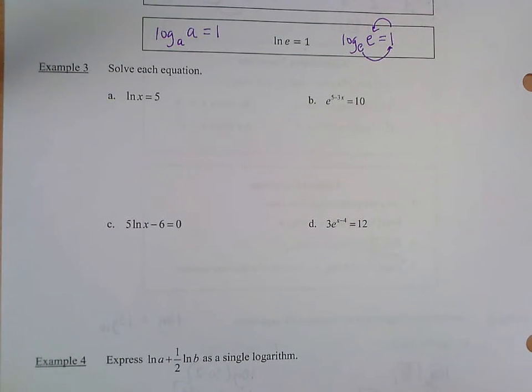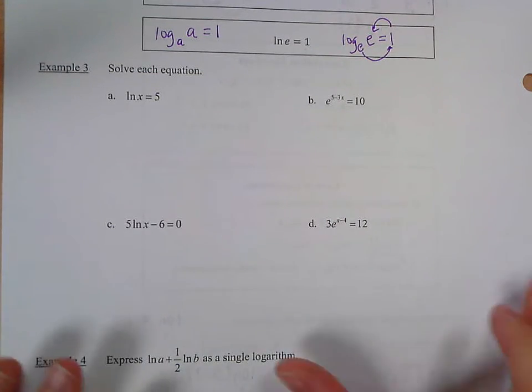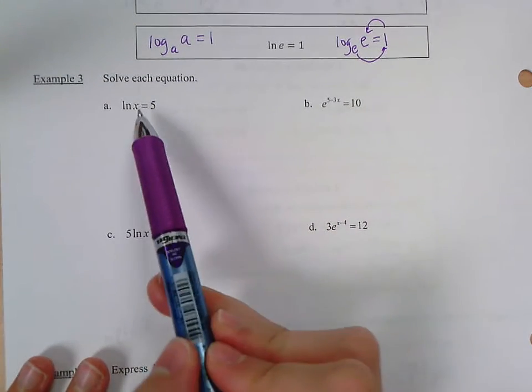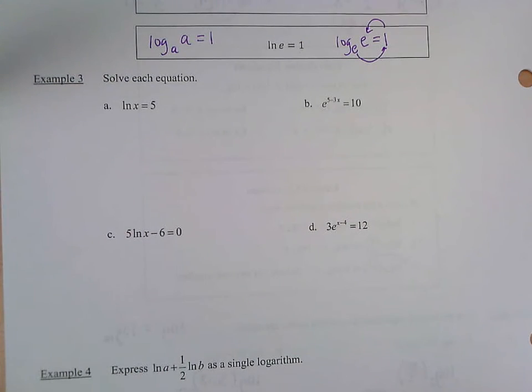So then I have some examples of solving equations. And some of these, there are multiple ways you can go about them. There's one way I prefer, it might not be the way you prefer. For the first one, natural log of x is 5. You could write this in its equivalent exponential form to find x.